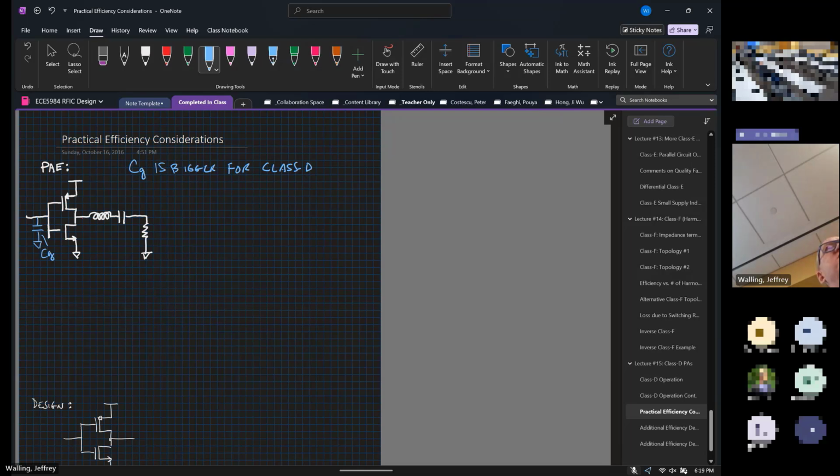Why is the capacitance bigger? I've got a PMOS plus an NMOS, and the PMOS device is probably going to need to be sized a little bit bigger than the NMOS device if I want equal resistance, so much bigger capacitance.